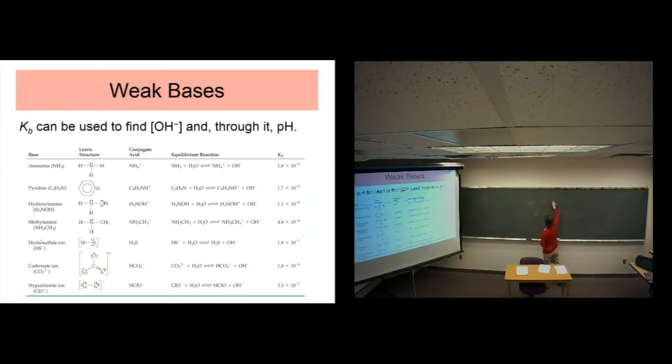We got to have somebody to donate the hydroxide, and the water molecule actually is a reactant now, whereas with the acid it wasn't. It's got to accept a proton from somebody, so it's going to be water. So we would write that as HB plus OH minus. This is the Bronsted-Lowry definition where the base accepts a proton.